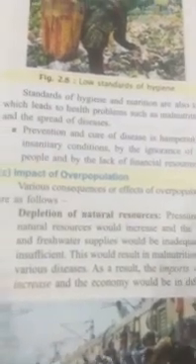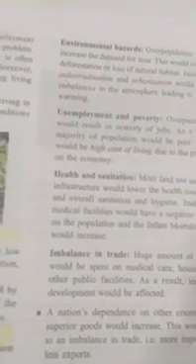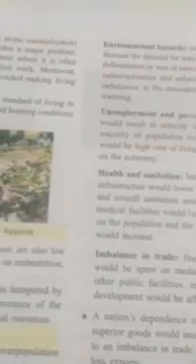Depletion of natural resources, environmental hazards, unemployment and poverty, health and sanitation, and imbalance in trade. So these are, you can say, the causes and consequences of overpopulation.